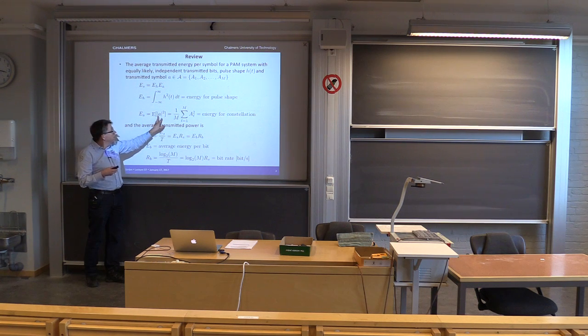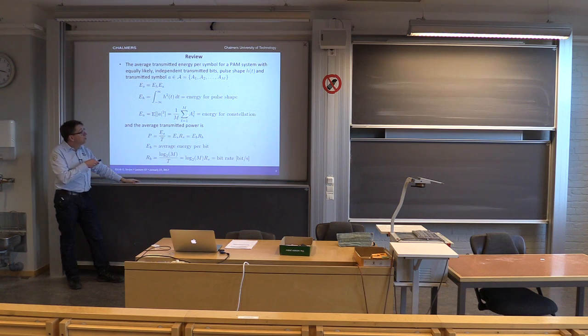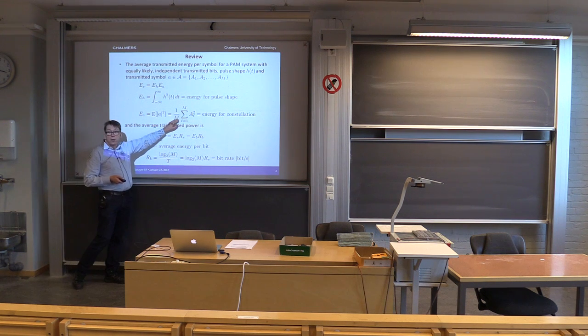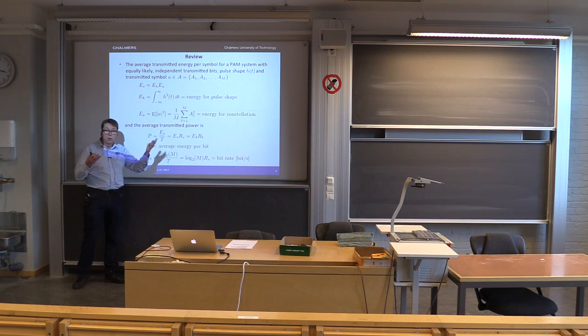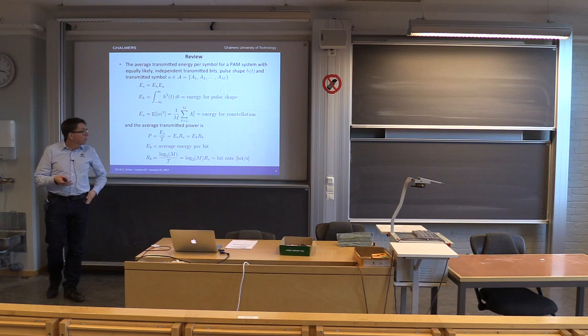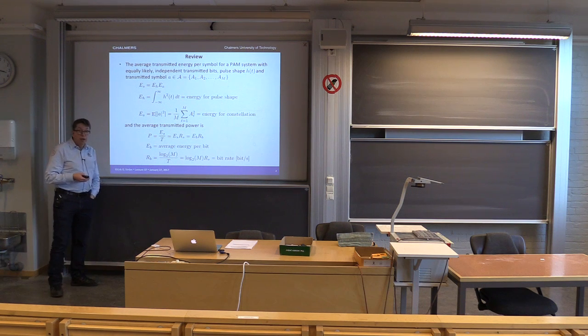But in this particular case, it's simply like this. We just take each individual amplitude, we square it, we add them together, and divide through by the number of possible amplitudes. So we can think of this as the average squared amplitude that we use on the channel, and we call this the energy for the constellation.